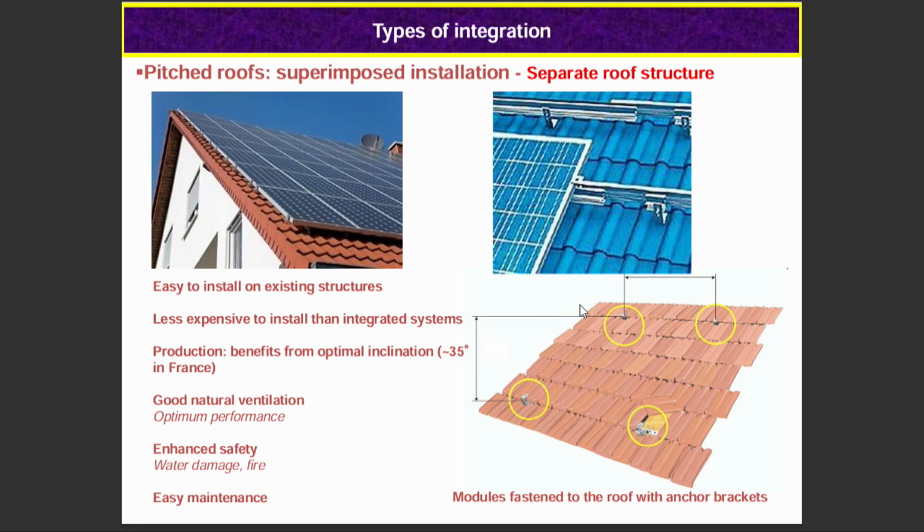So there was a lot at the beginning, a lot of damage like this, because people were just making holes, fixing the PV, and there were many leaks after, and so problems of insurance and so on and so on. But now it's much more mastered.